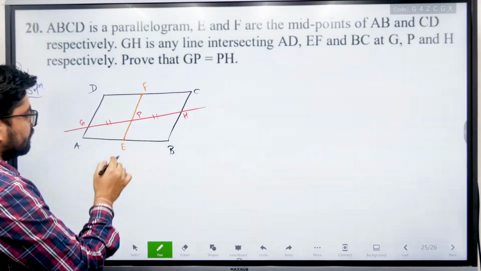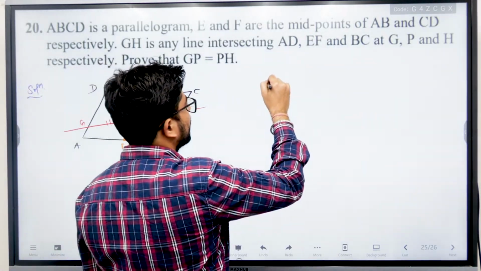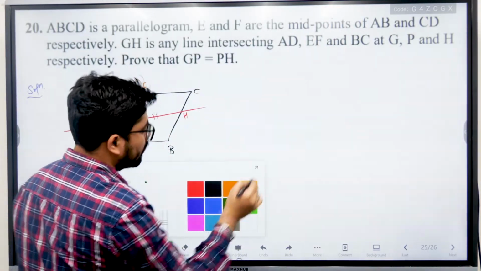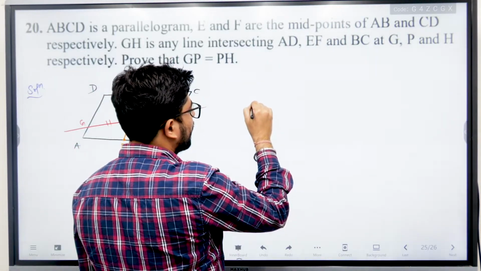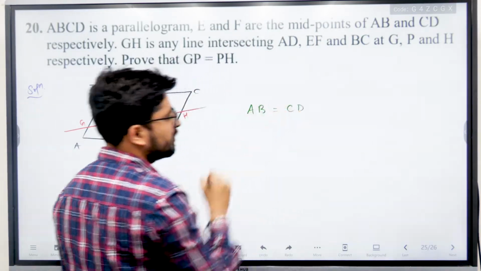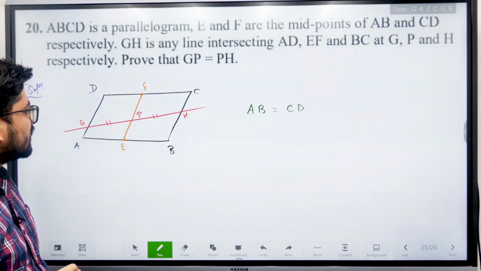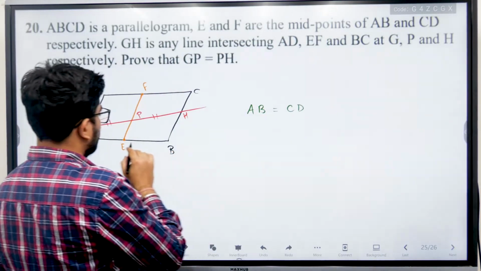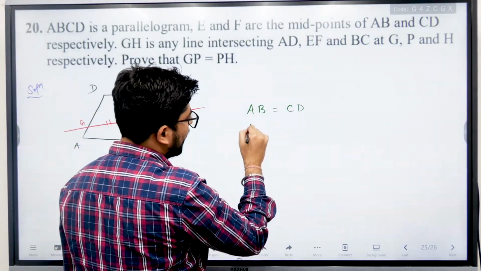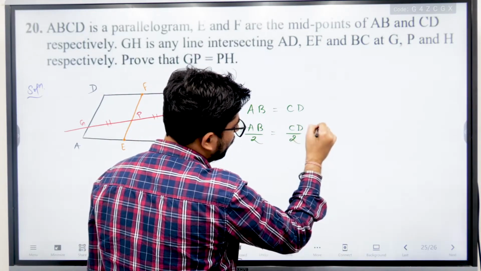First of all, E and F are the midpoints. We know AB is equal to CD because in a parallelogram opposite sides are equal. E and F are the midpoints, so AB by 2 is equal to CD by 2.